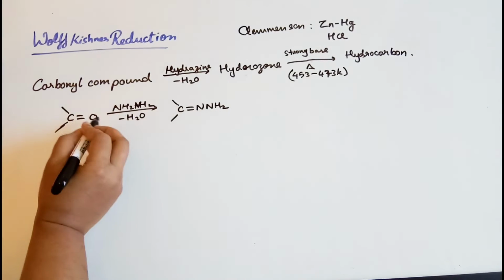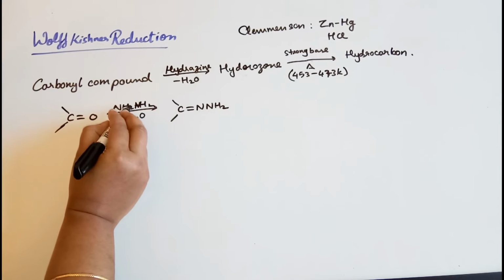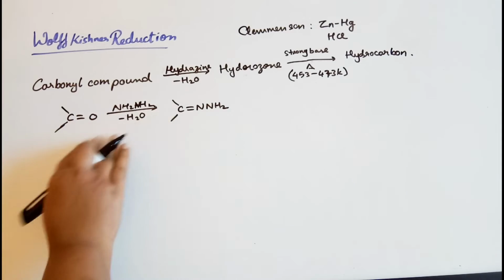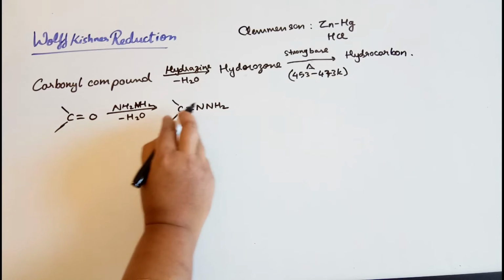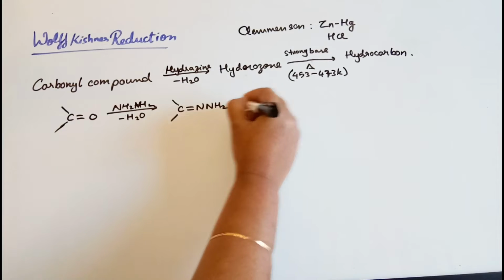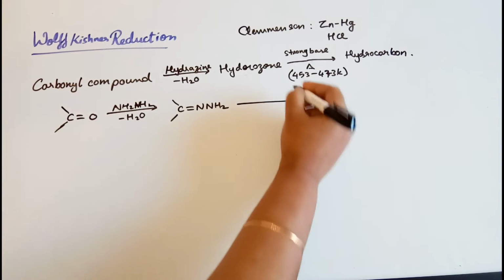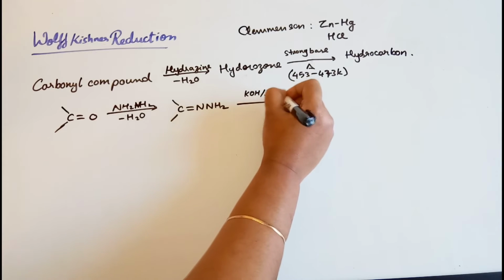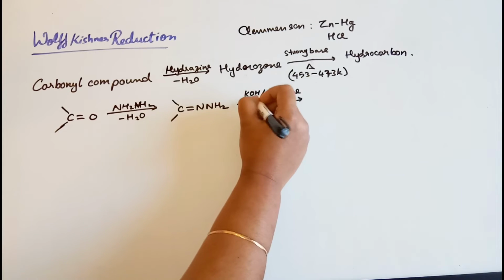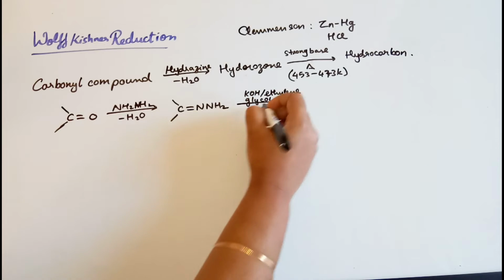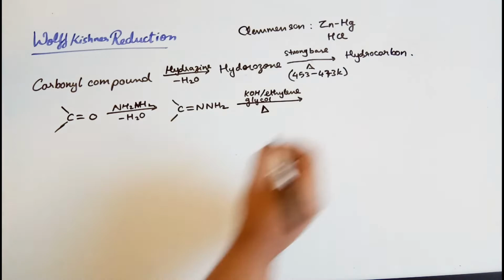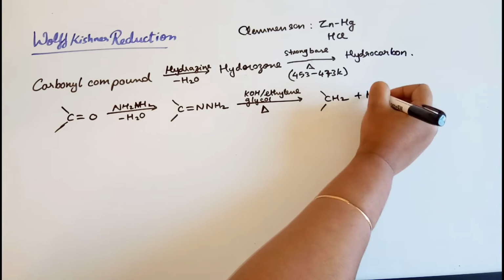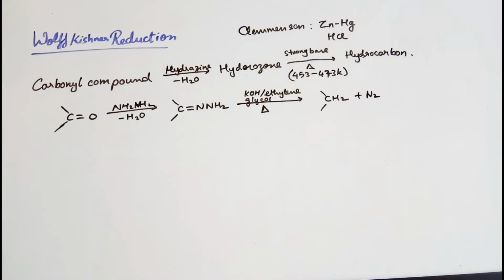So here basically the oxygen leaves with H2, so H2O gets removed. It's getting kicked out. So it leads to the formation of a bond between carbon and nitrogen. Now this is going to undergo reaction in the presence of KOH, which is a strong base, and ethylene glycol, and is heated for us to get a hydrocarbon plus nitrogen gas.